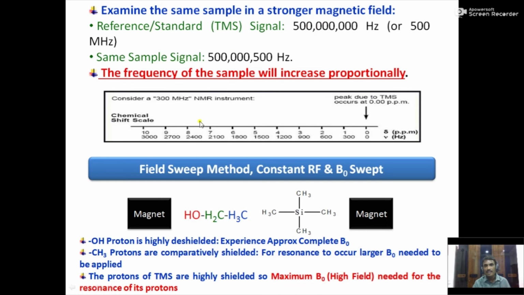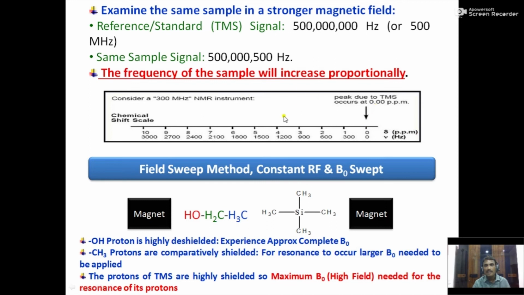Okay, here I have shown the NMR scale. It generally ranges from 0 to 10. The delta value, delta is for chemical shift, it is in ppm. The TMS signal you are taking at 0 ppm.